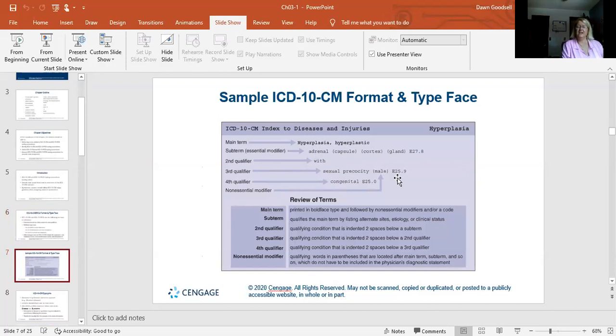And it's congenital, which means they were born with it. So basically this one says adrenal hypoplasia with sexual precocity, congenital. And down here, under review of terms, it actually walks it down for you.